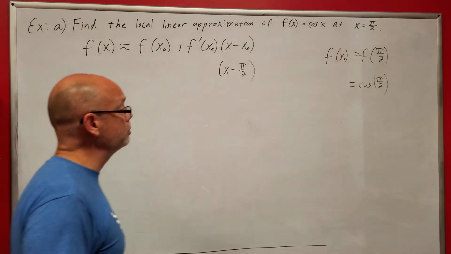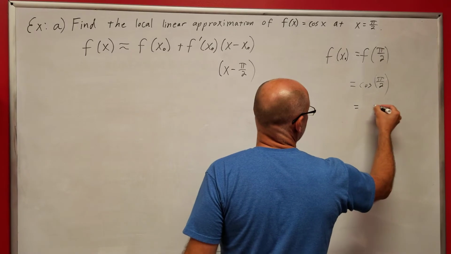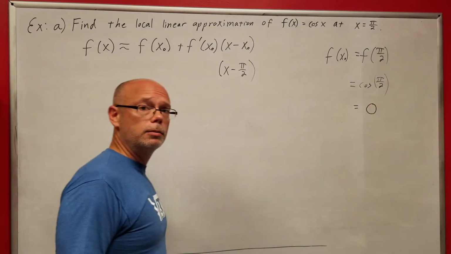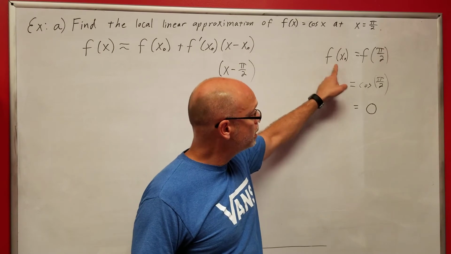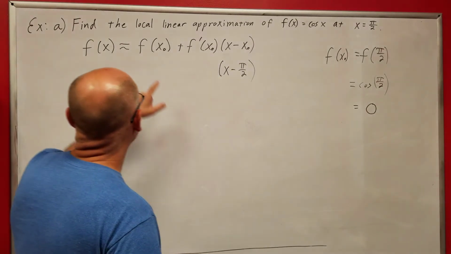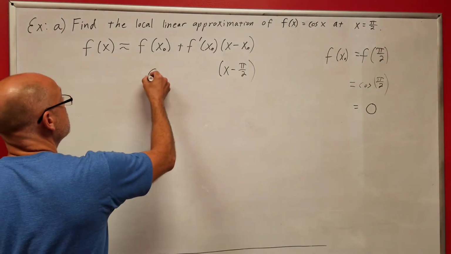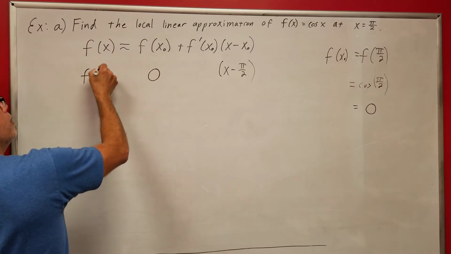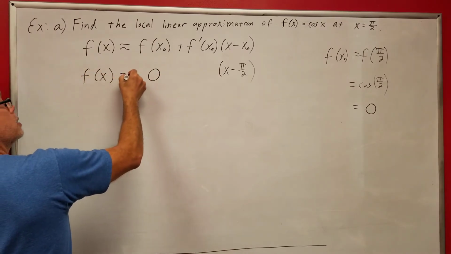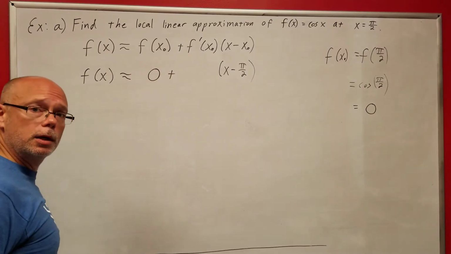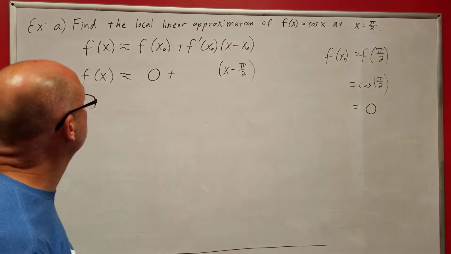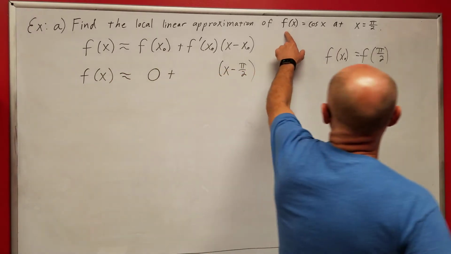What's your cosine at pi over 2? That would be 0. So what did I just find? F at x naught is 0. So f of x naught here is 0. So right now I have f of x is approximately 0 plus, now I need to find this part, f prime at x naught. So let's find a derivative.